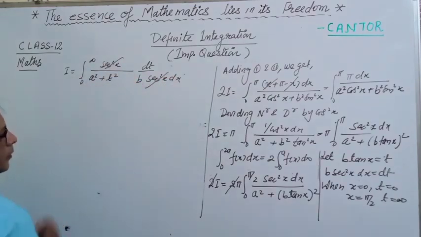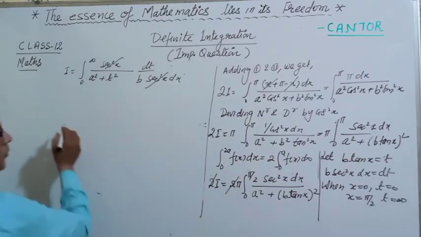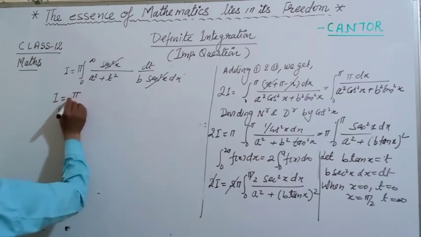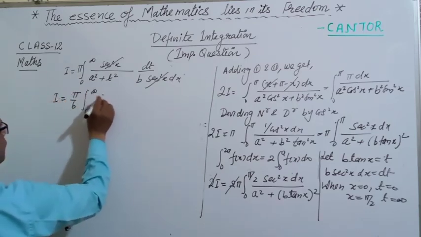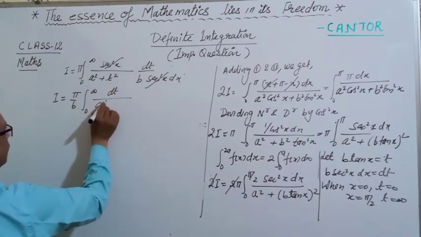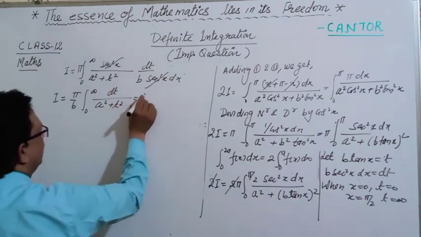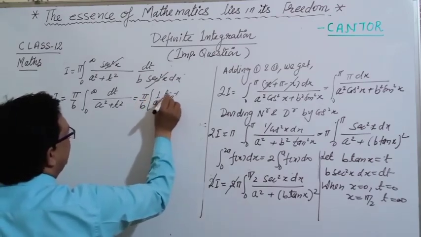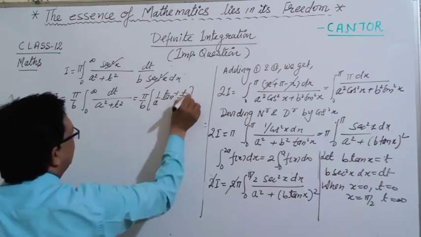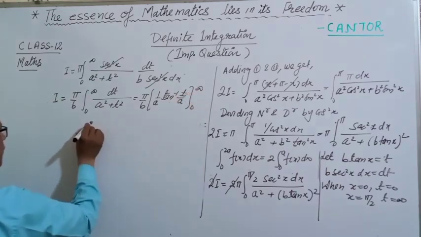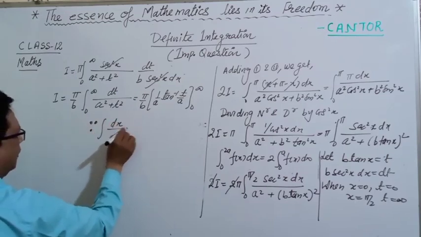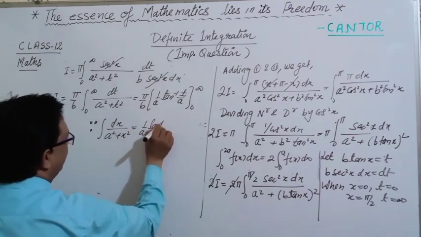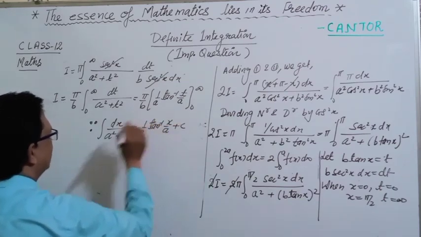Taking b common, pi is left, so this is pi upon b times the integral from 0 to infinity of dt upon a square plus t square, and this is equal to pi upon b times 1 upon a tan inverse t by a. Here we use the formula: the integral of dx upon a square plus x square is equal to 1 upon a tan inverse x upon a plus c.